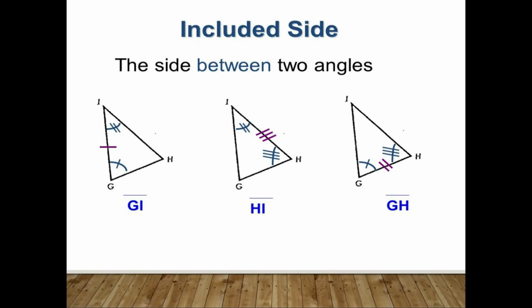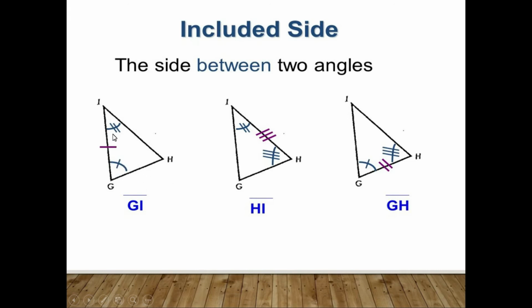Included side, on the other hand, is the side between two angles. So meron ulit tayong tatlong example as given. So observe the markings. This time, we are naming two angles, and then we will define what is the included side in this triangle.